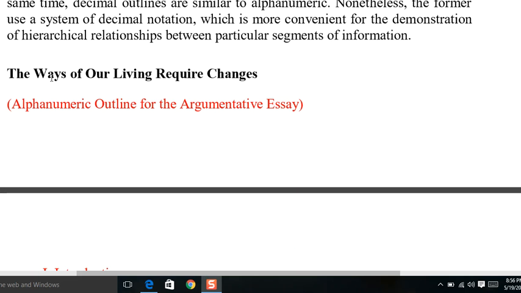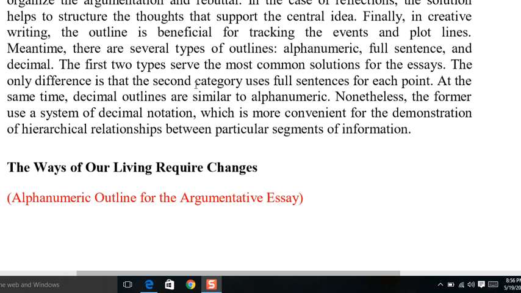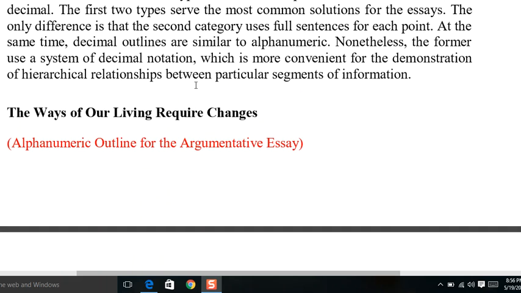Well, before I go deep into the alphanumeric outline, let me introduce you to some of the common methods of outline. Outlines have to be made in a scientific way.